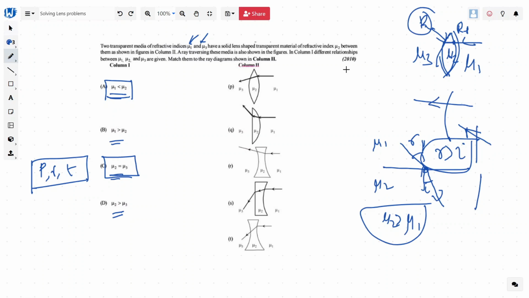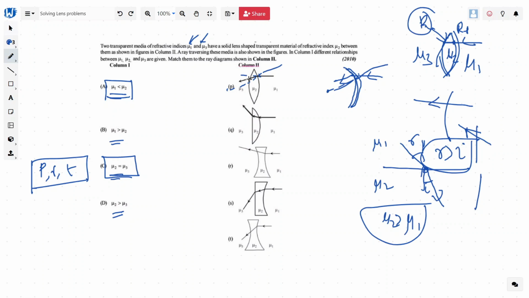Here is the surface, the ray of light is coming like this and bending like this. We are only interested in this surface right now. So here is the normal, which you have to draw from the center. The ray of light was going like that, but instead it bent like that.